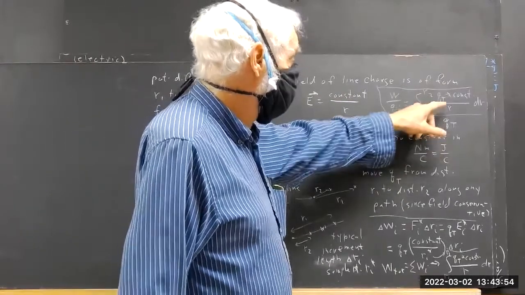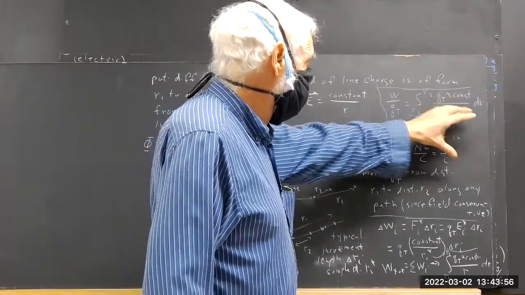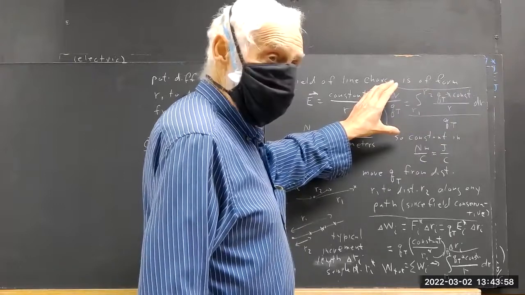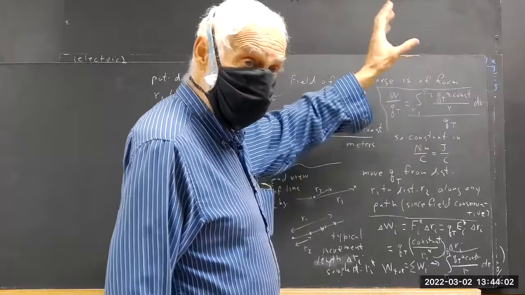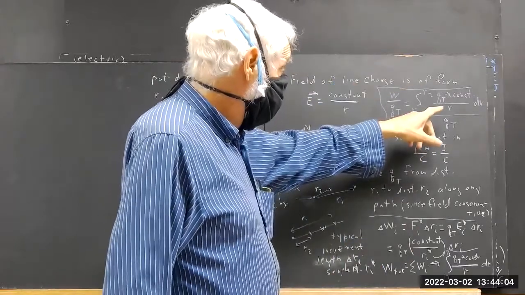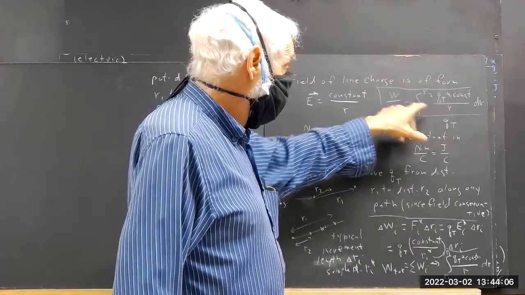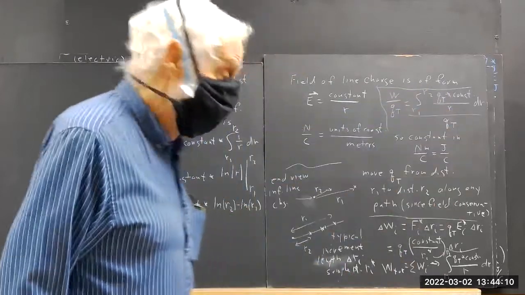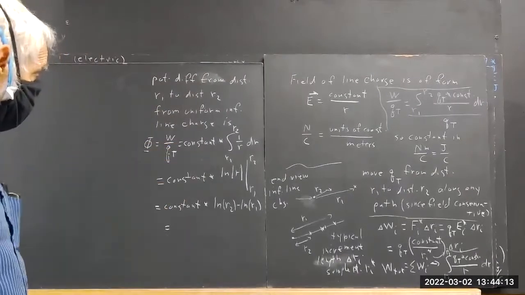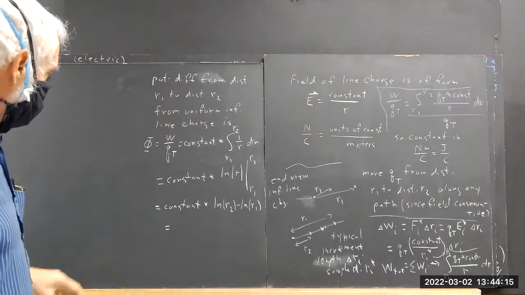The test charge is down here. That's constant, so all that comes out of the integral. QT divides QT, goes away, doesn't matter. And you end up with your constant times the integral from R1 to R2 of 1 over R dr. So I just repeated that here.